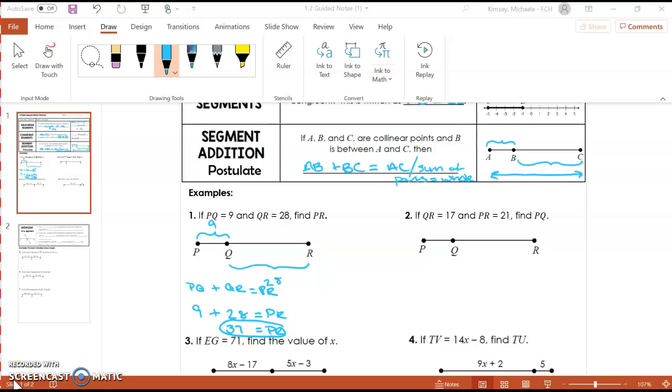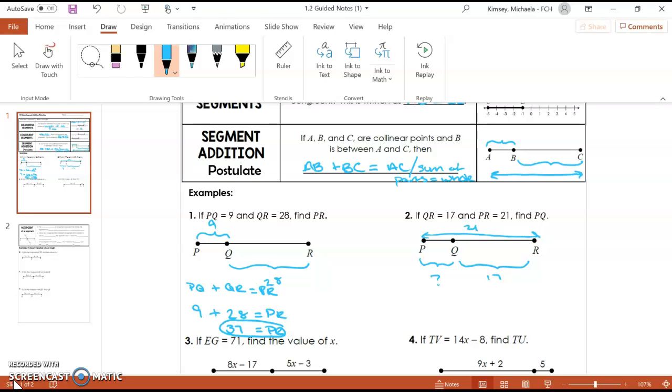Alright, so hopefully you tried this one on your own. We are looking for PQ, which is just this little distance here. What we know already is that the entire length, PR, is 21, right? And we also know that QR is 17.